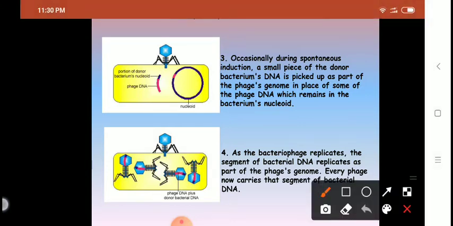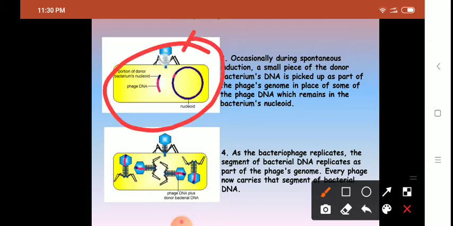You can see in this diagram, the prophage has excised itself from the chromosomal DNA of the host. But the prophage here has one part of chromosomal DNA from the host. The lambda DNA has separated out, but it has picked up a part of a bacterial gene.